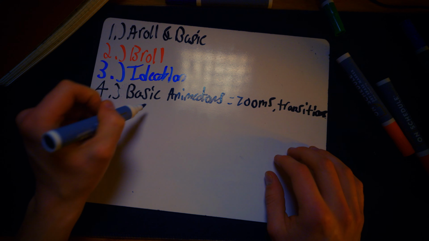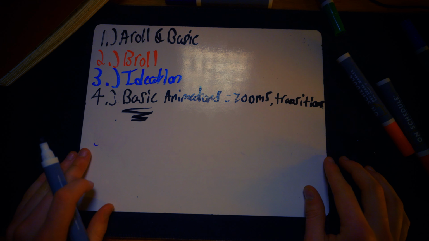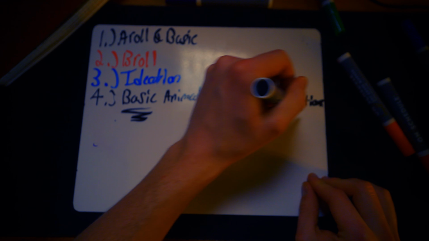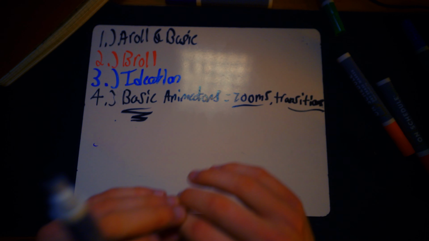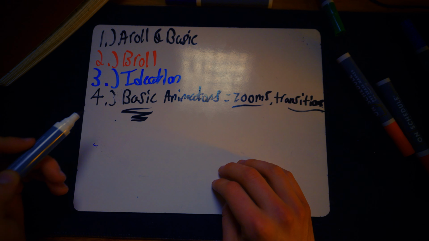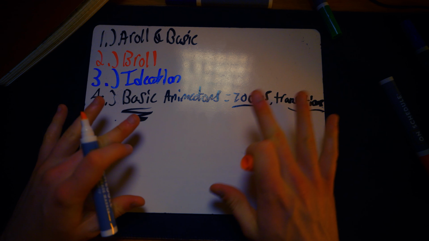The reason I say basic animations is because you don't want to do the hook in this scenario. All you want to do is your basic zooms and your basic transitions. That is the majority of your video, because after this, we're gonna go into captions, which does a ton of the animations for us.